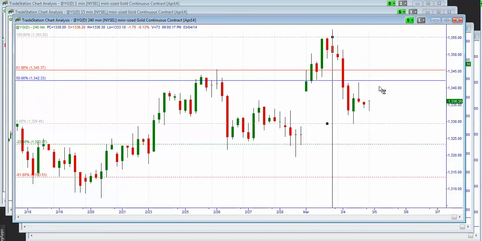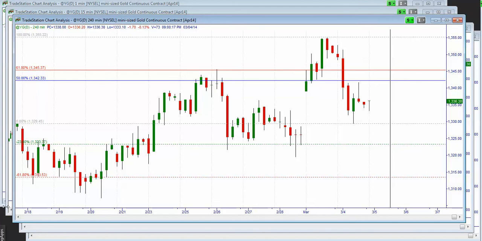On the 240-minute chart, the way you would trade this, you take 1342 with a frontal and put a stop above 1345, 1350 here. The first target would be this 1323, so you would typically have a 4 to 5 reward to risk trade if you take this kind of trade.